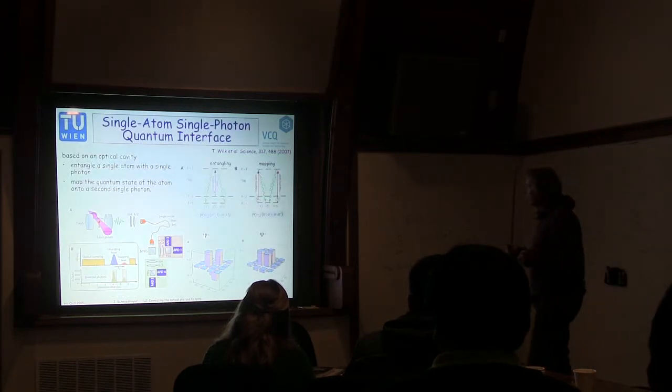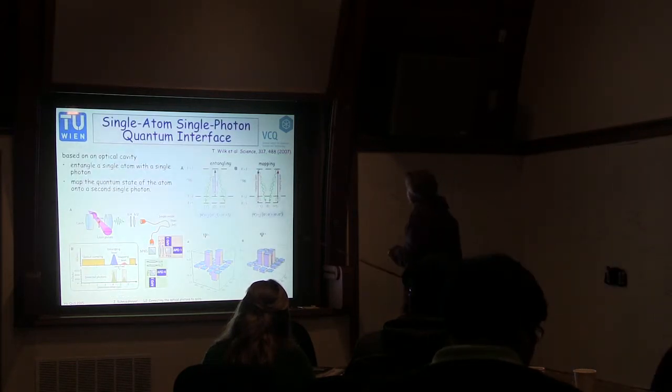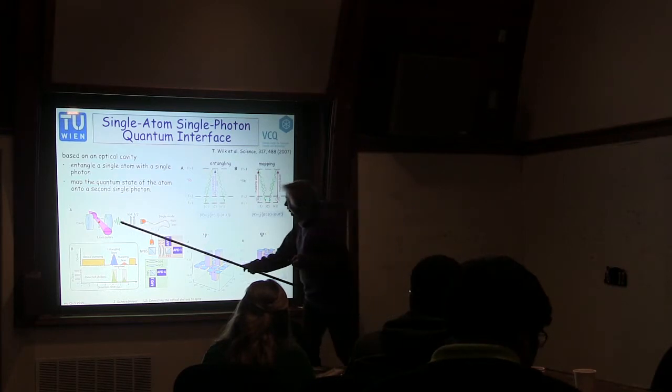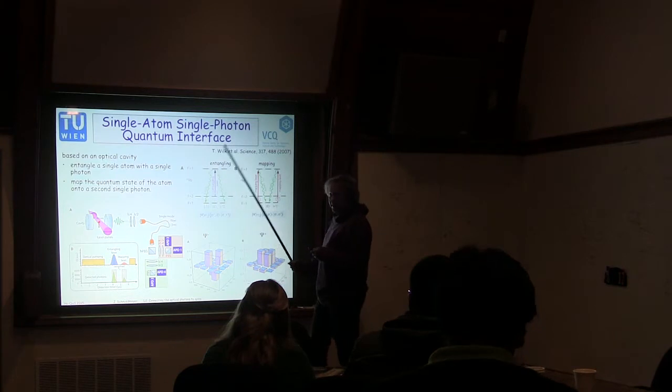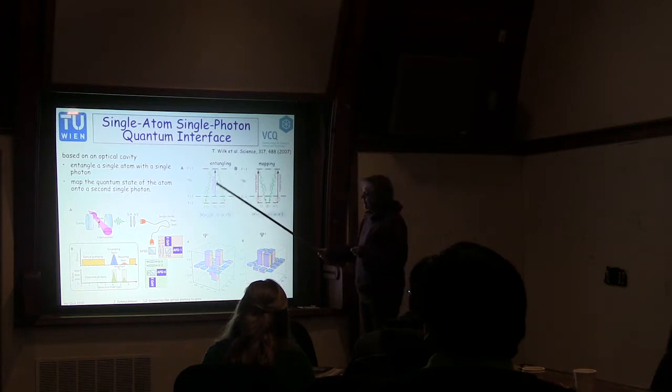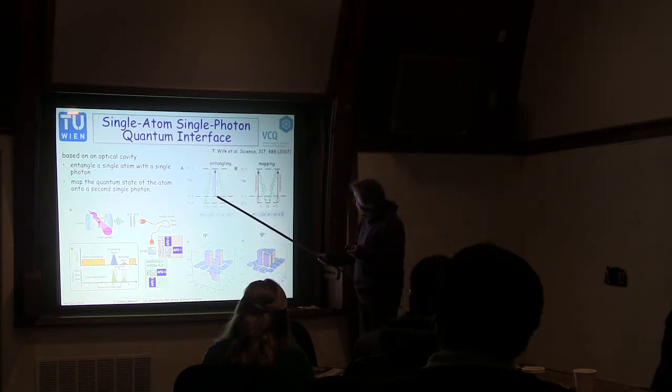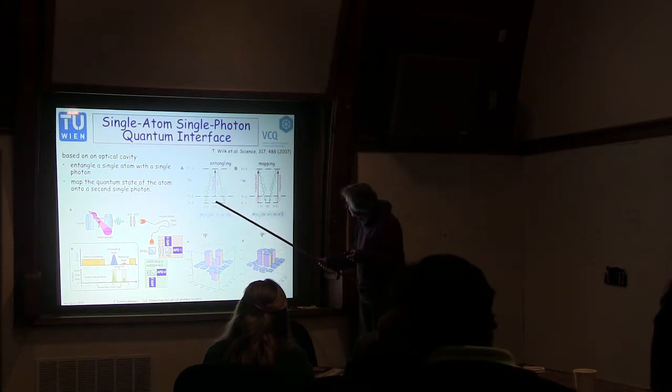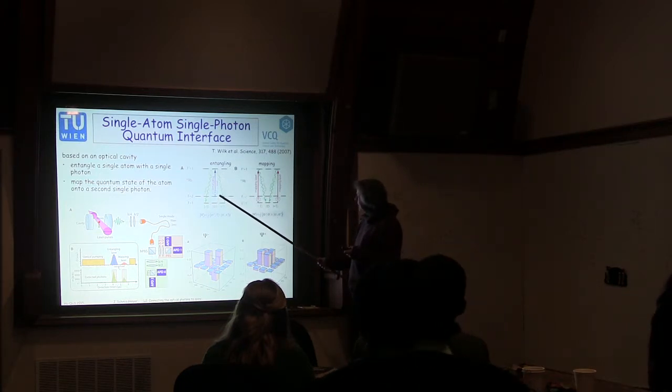Now you can go further, and you can entangle the atom in the cavity with the photon that comes out, if you want to get a quantum connection between them. This is done by making very similar experiments, but preparing the atoms in very specific states and using specific light to entangle them.